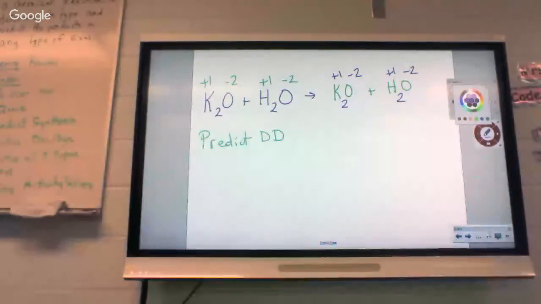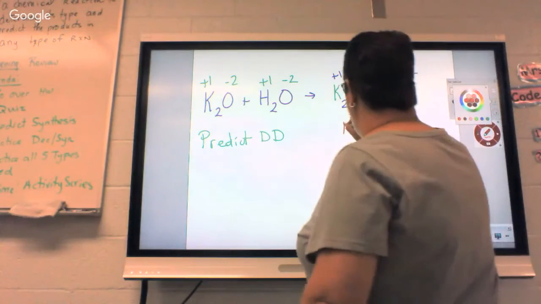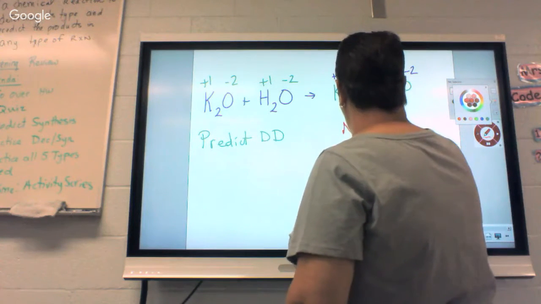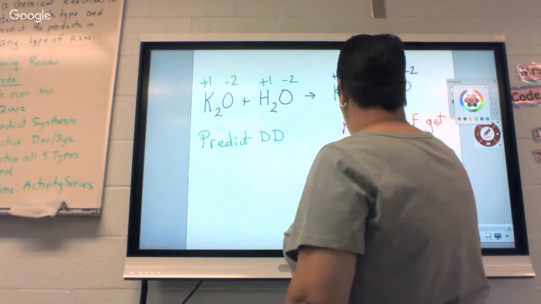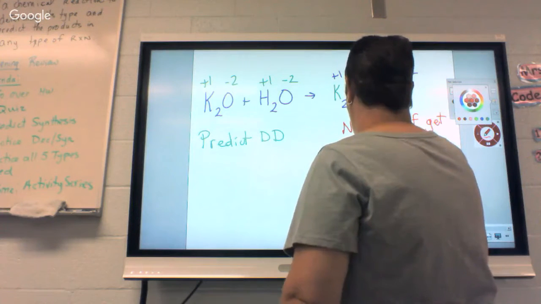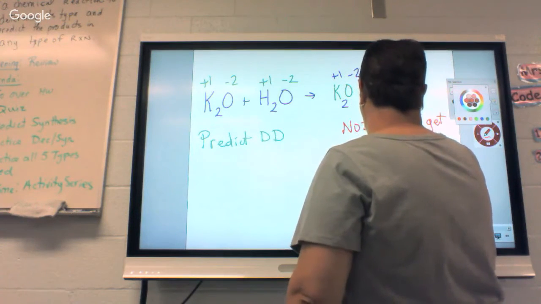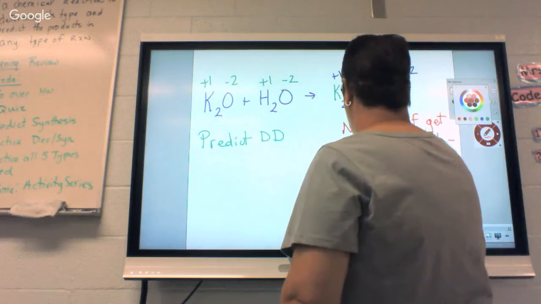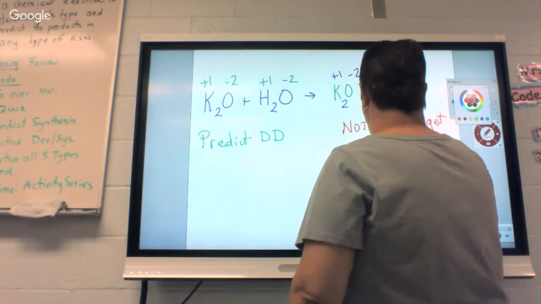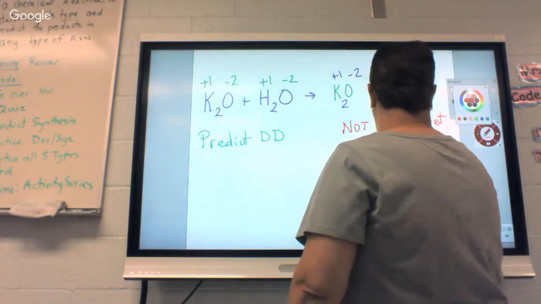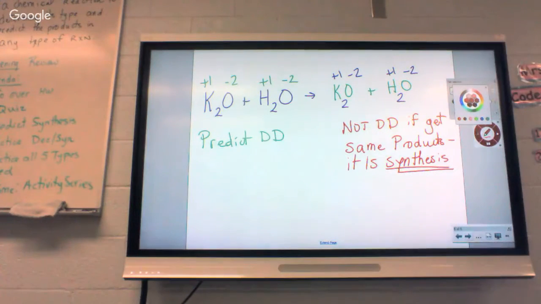You get the same thing, okay? It is not double displacement if you get the same product. It is synthesis. Okay? Anytime you double displace and you get the exact same thing you started with, it's not double displacement.